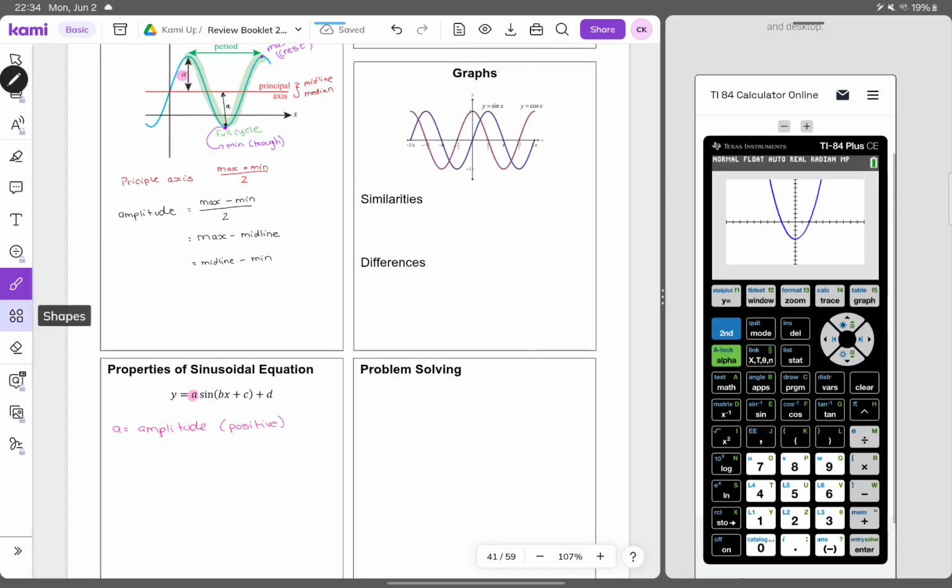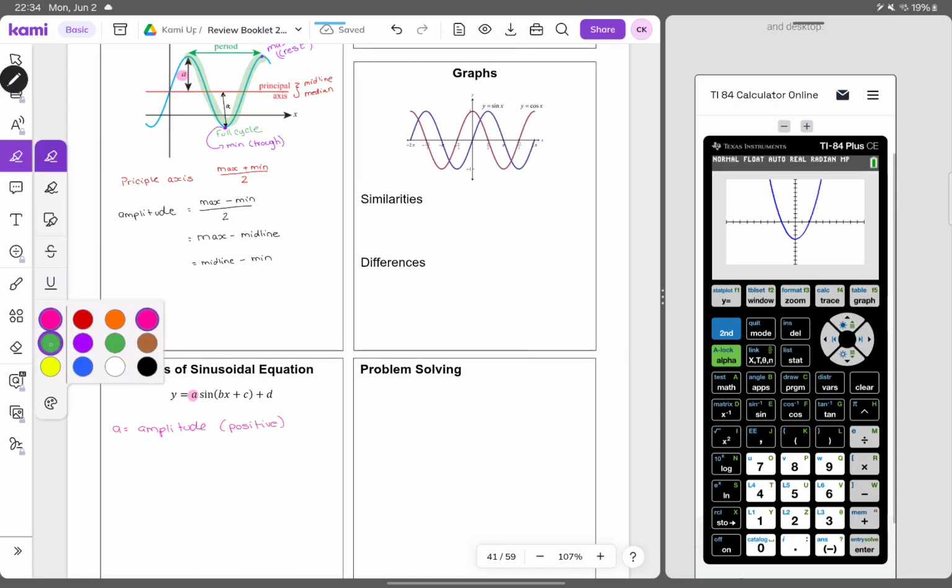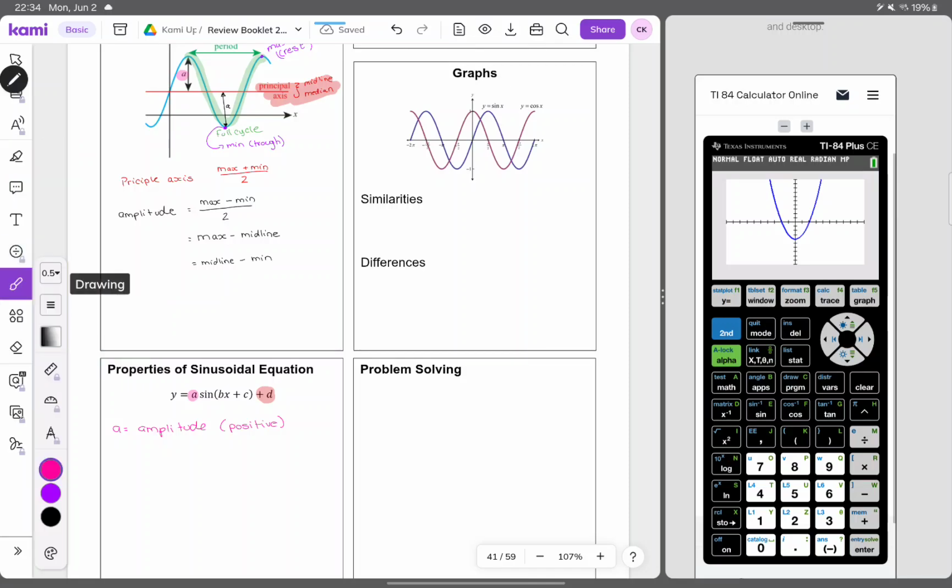Okay. Another one that comes right from our graph, this value here is whatever this number is. So D equals your midline. And one thing I forgot to talk about with my graphs is my domain.